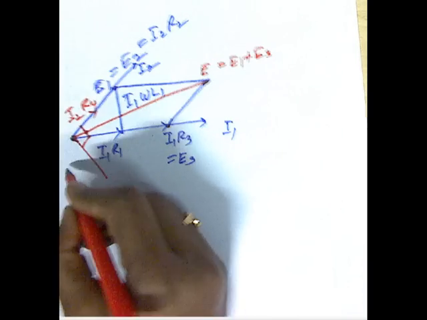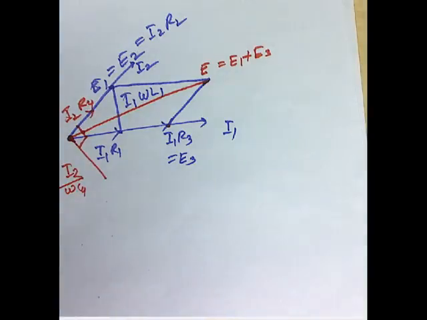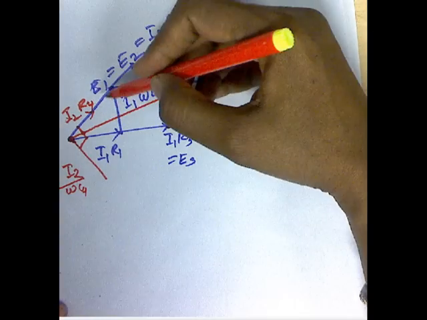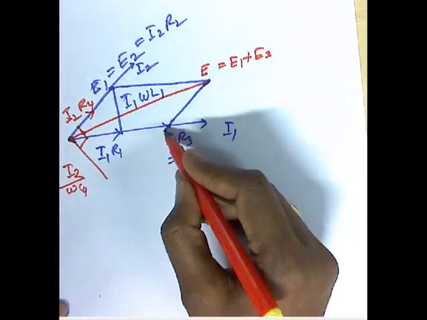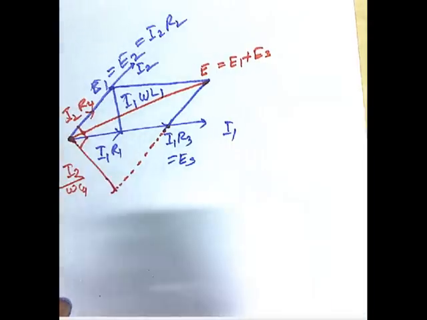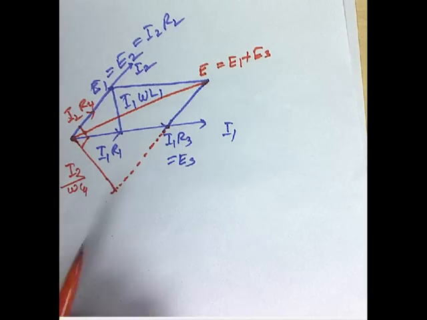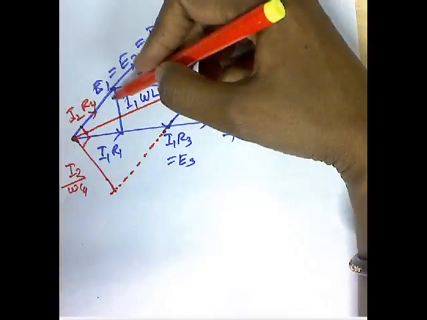This one is I2 by omega C4. So this is I2 by omega C4, and this is your E3.